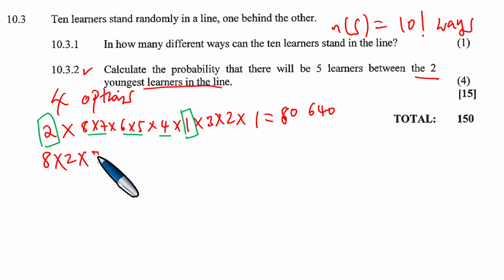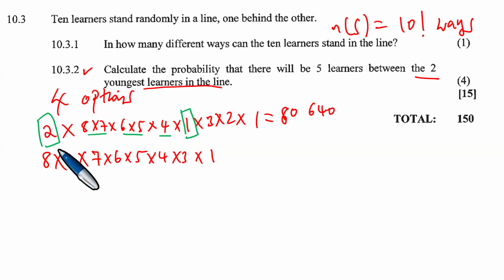Then you'd have 7 times 6 times 5 times 4 times 3. If I've put the youngest learner here, and then we put another one, these are the 5 learners, and we put the youngest one there.